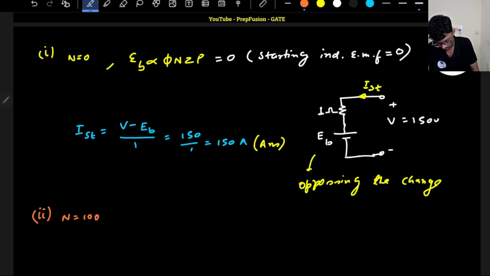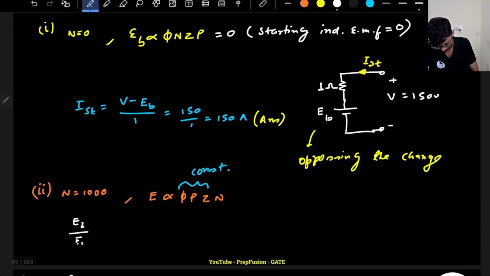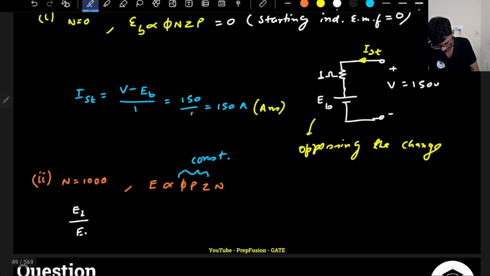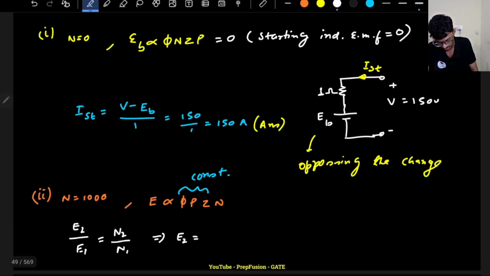I know my induced EMF is proportional to flux, number of poles, number of conductors, and speed. So all these things are constant, just I am changing the speed. So I can write the induced EMF in case 2 divided by induced EMF in case 1, the ratio will be basically N2 by N1, right? So from here I can directly write E2 is equal to the induced EMF in case 2, N2 is 1000 rpm, divided by N1.